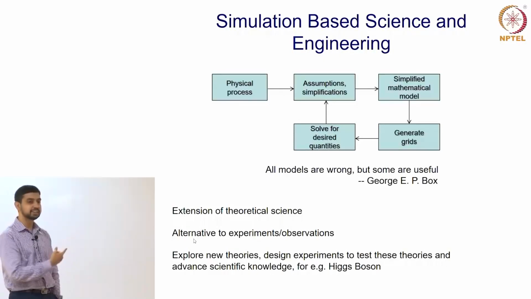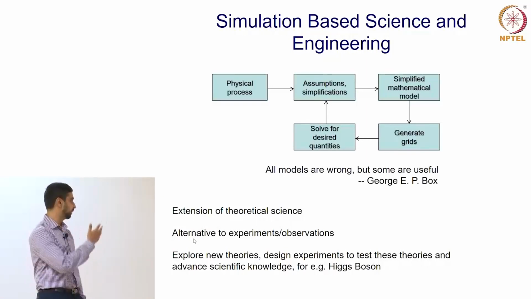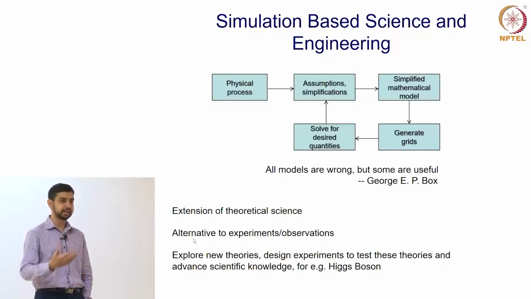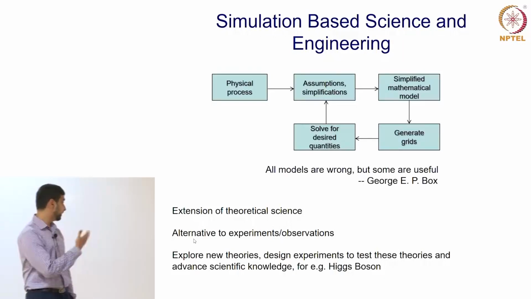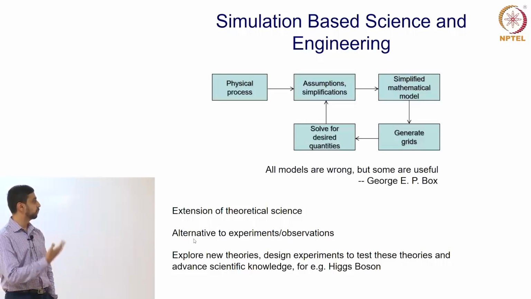So, you relax any assumptions you think should not have been there in the first place, and then you keep solving till you are satisfied with what you obtain as desired quantities. But in this process, because of the many assumptions and simplifications, your mathematical model may just be that. It's a model. It may not necessarily be reality.